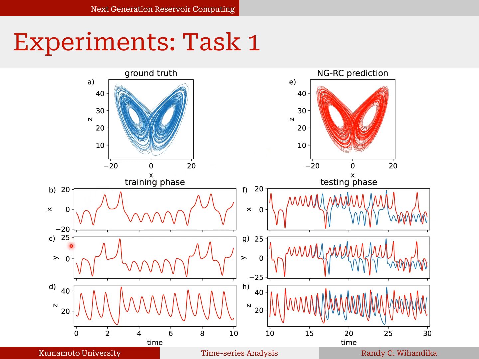And these graphs right here are the training data, and this part right here is the prediction result, where the red curve is the prediction and the blue curve is the ground truth. And here we can see, although it's not perfect, the prediction is quite successful in following the pattern of the general data right there.